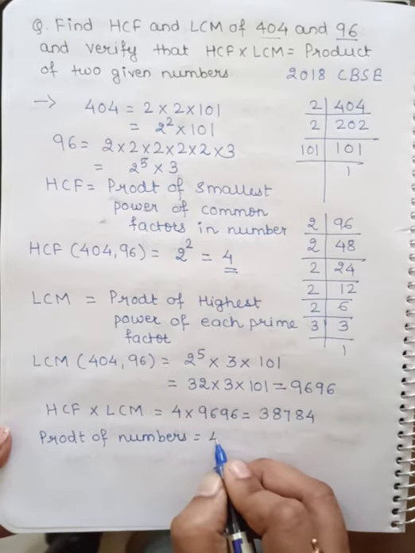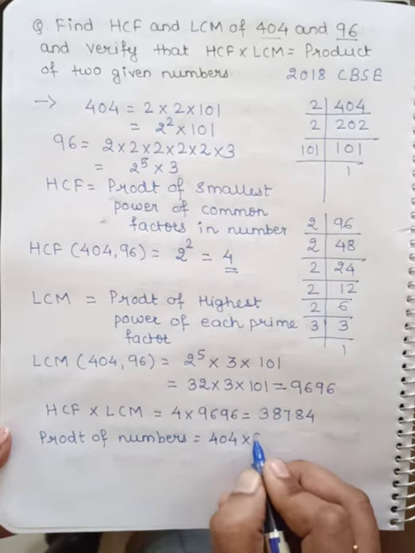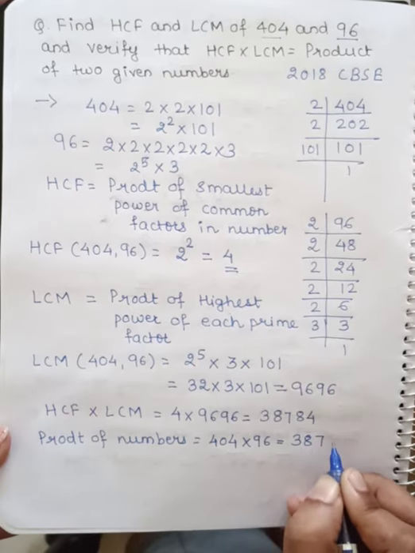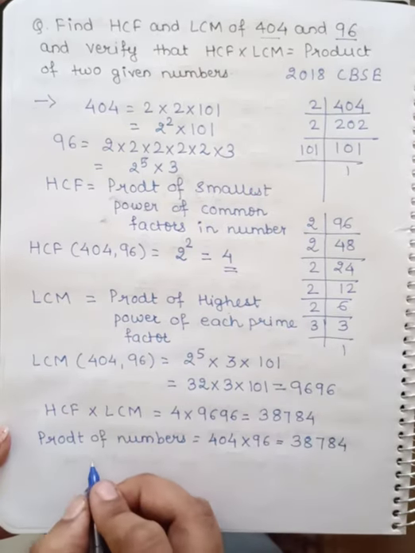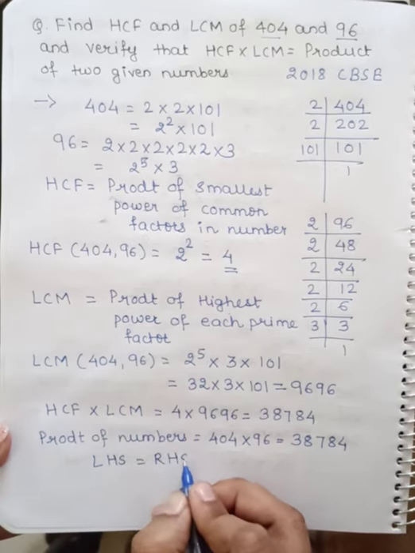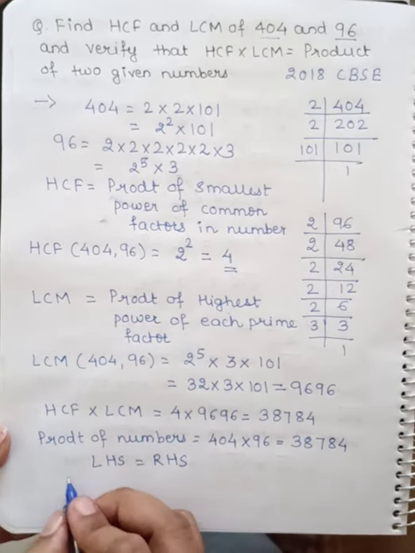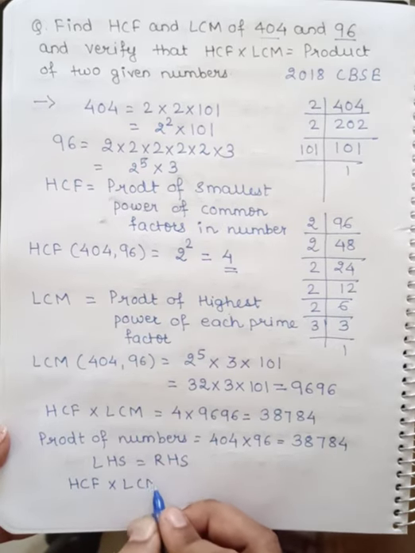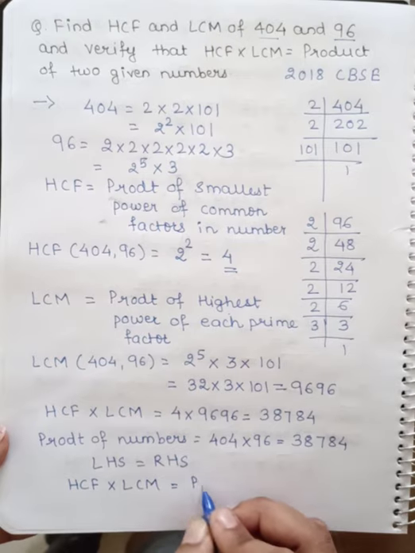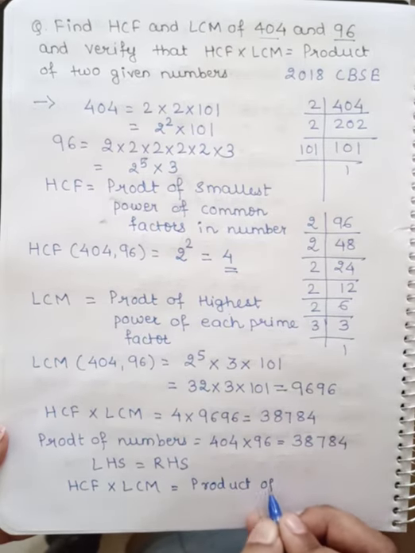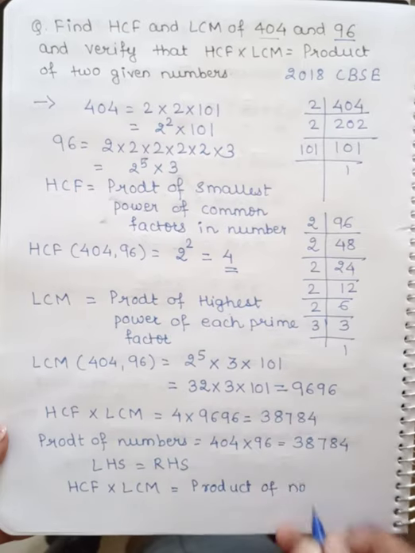So the one number is 404 whereas the second one is 96, and their multiplication is also 38784. So as you can see, LHS is equal to RHS, and hence HCF into LCM is equal to the product of numbers.